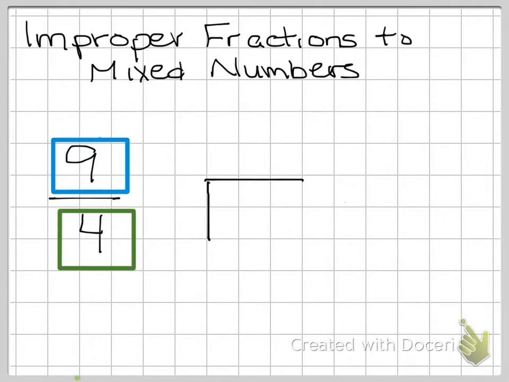Now that we have looked at how to turn improper fractions into mixed numbers using visuals, now we're going to look at how to do it mathematically. Oftentimes it's very convenient to use a visual, but it's not always incredibly practical, especially if you're working with larger numbers, just because that can be a lot of boxes that you might have to draw.